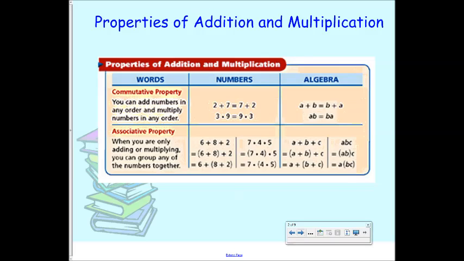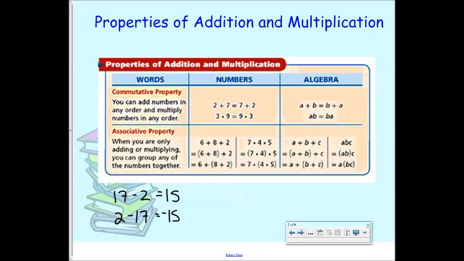Does that work for subtraction and division? No, why not? Give me an example of a subtraction problem. Any subtraction problem, make it easy. 17 minus 2, which is what? 15. If I flip that, what does that give me? Is that the same thing? No, those are opposite numbers.